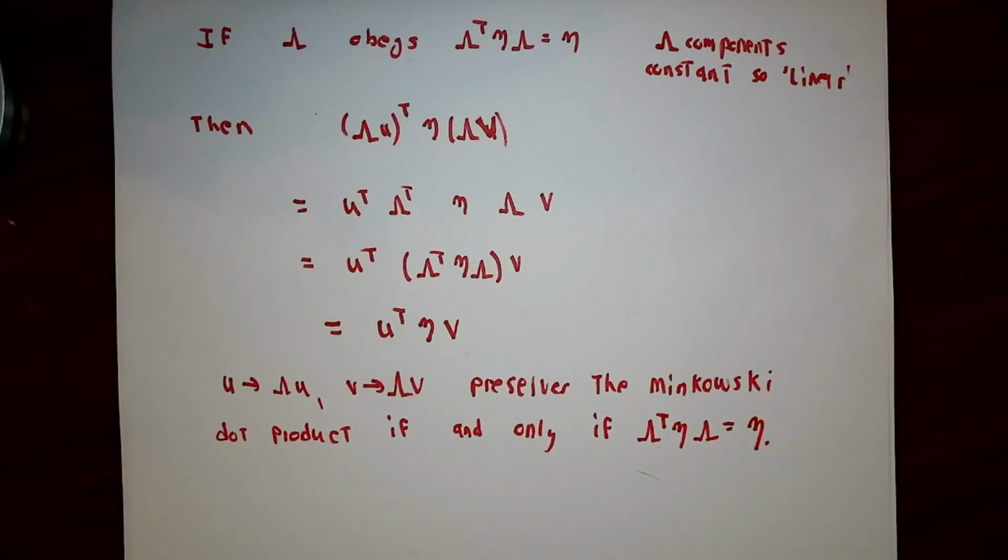So to summarize, if I make a linear transformation represented in matrix form by replacing u with lambda times u and v by lambda times v, that transformation preserves the Minkowski dot product if and only if this equation is true. This gives us a way of identifying general Lorentz transformations.